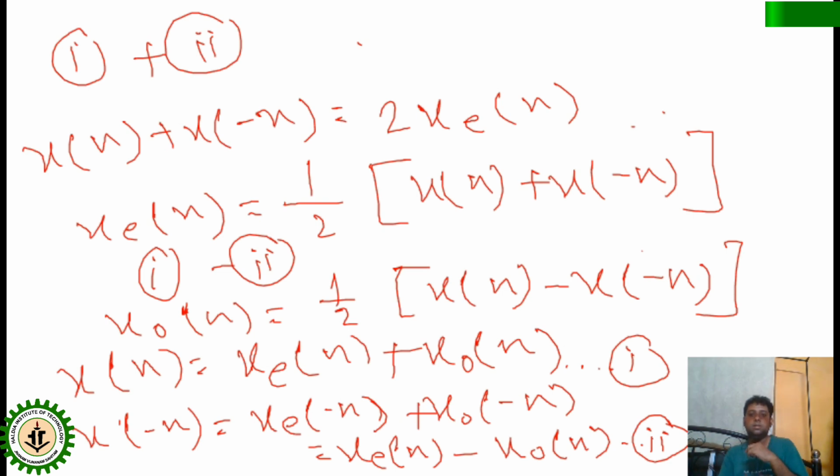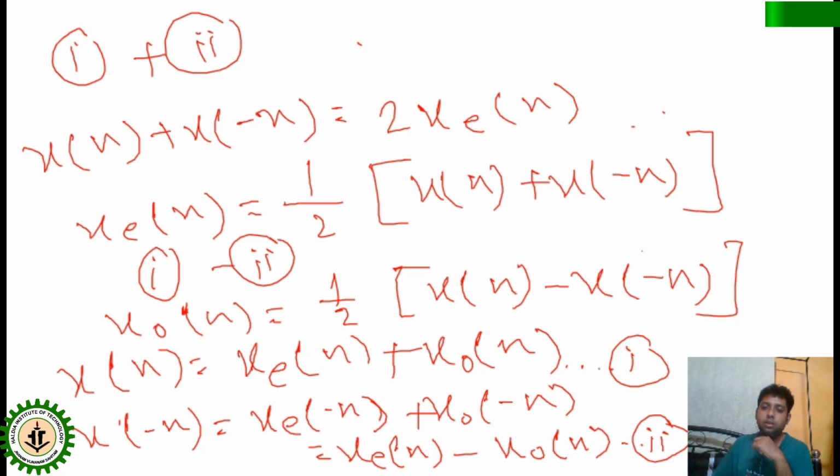Now we will move towards systems, because I have already told you about the different types of signals: the energy signal, power signal, periodic signal, aperiodic signal, even signal, odd signal, as well as other types. There are exponential signals, which can be exponentially increasing or exponentially decaying.